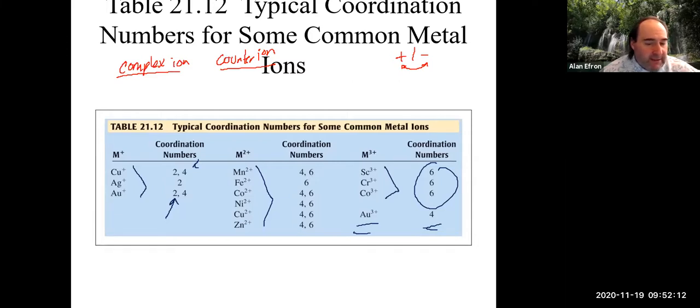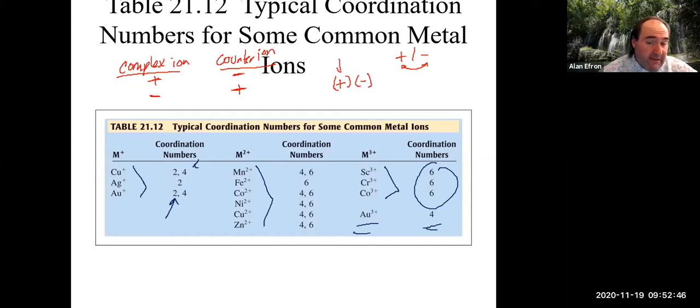As we talked about last time, the complex ion as a whole can be positive, which means you need a negative counter ion to balance it out. You can also have a negative complex ion overall, which means you need a positive counter ion to balance it out.